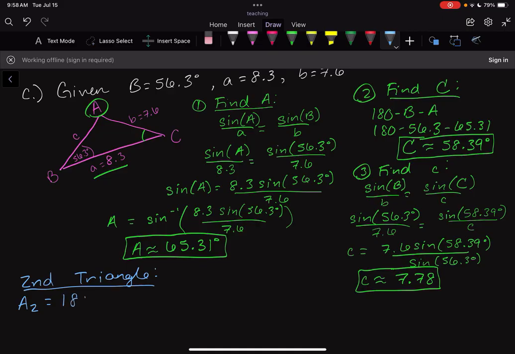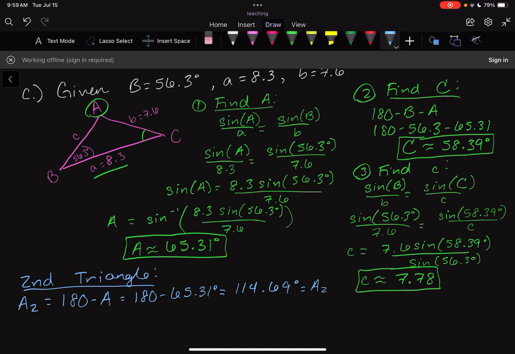So to do that, I do 180 minus A. So I'm going to do 180 minus 65.31, and I get 114.69. So that is now my A2.